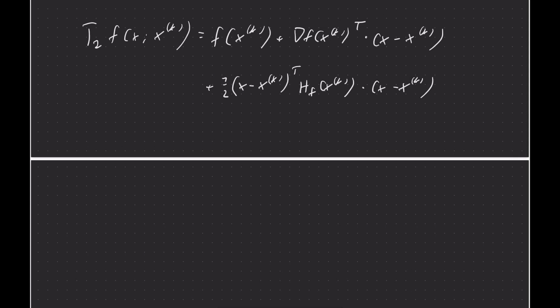And now the task would be to find a stationary point of that Taylor approximation. Or of course, what we'd like to do is find a minimum, or if you want to maximize, a maximum of that Taylor polynomial.